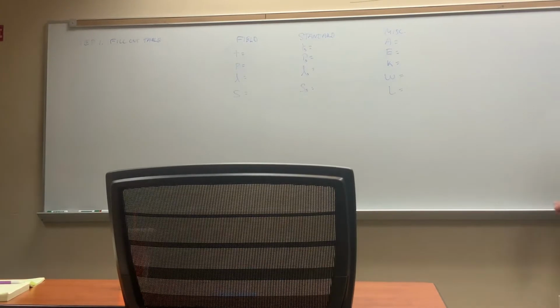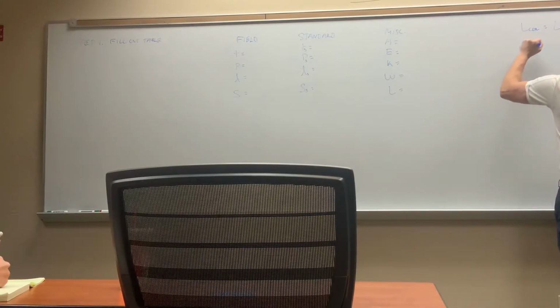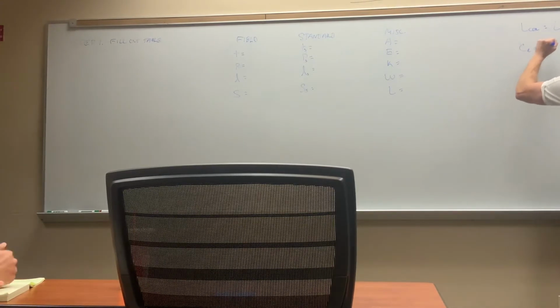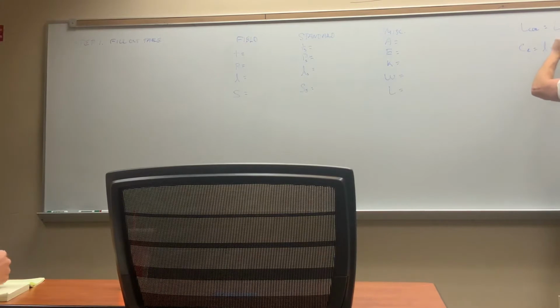So we'll have L corrected equals L plus the correction for the erroneous length plus the correction for temperature plus the correction for pressure plus the correction for sag. Correction for the erroneous length equals (L minus LS) L over LS.